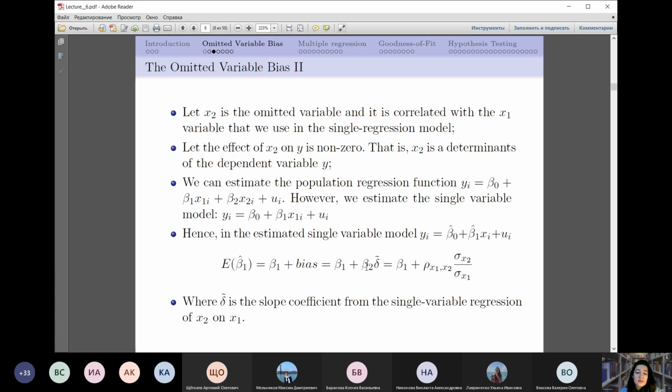And this bias equals the beta2 parameter multiplied by delta tilde. This tilde means the slope coefficient from the single variable regression of x2 on x1. Or in other words, it is related to the sample covariance between x1 and x2.